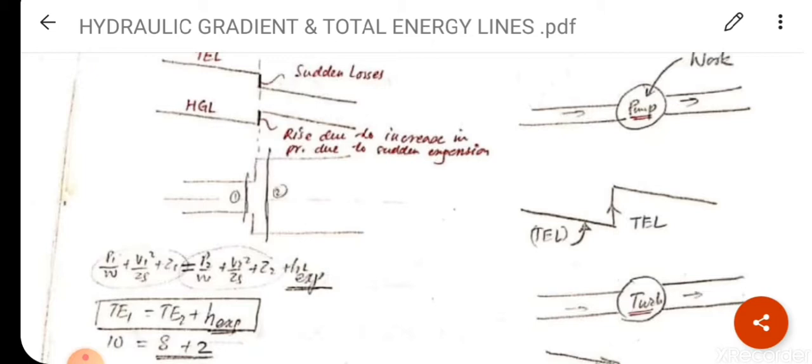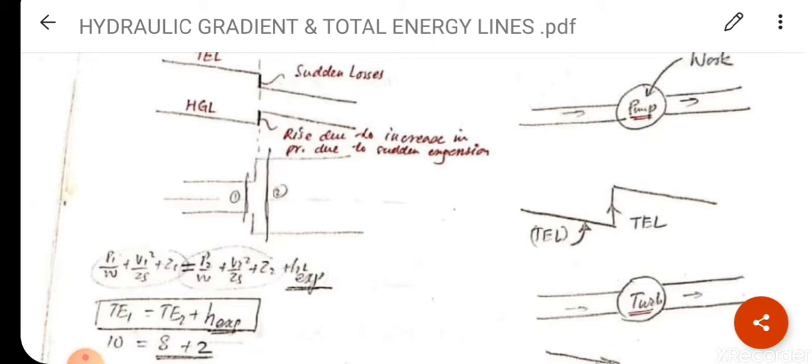HGL is piezometric head, but in this case at first point P1 by W plus Z1 will give you piezometric head in pipe 1, but as the pipe diameter is increasing, pressure will also increase.